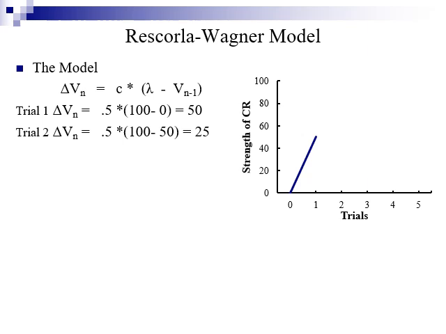To calculate for trial number 2, we have the same C value of 0.5, the same maximum of 100, but the amount of learning that has occurred on the previous trial is 50. So now we do 100 minus 50 times 0.5 equals 25. So the amount of learning to occur on trial 2 is 25, and we add that onto our graph.